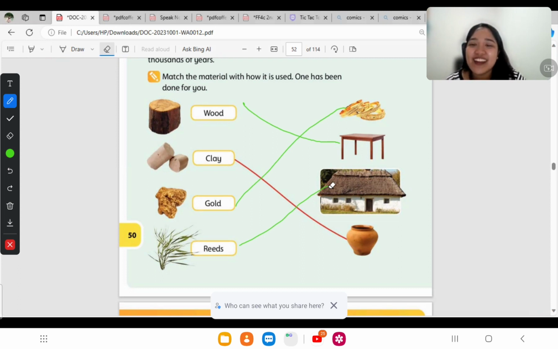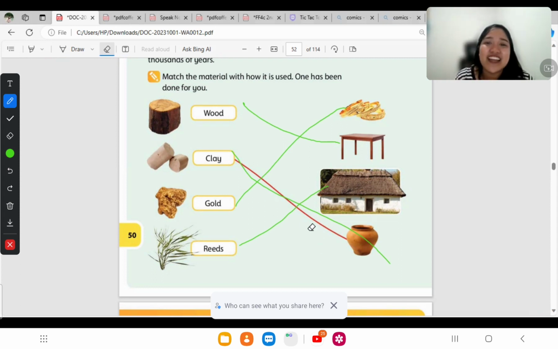This roof is made from reeds, and the pot is made from clay. Okay, so we are now done here.